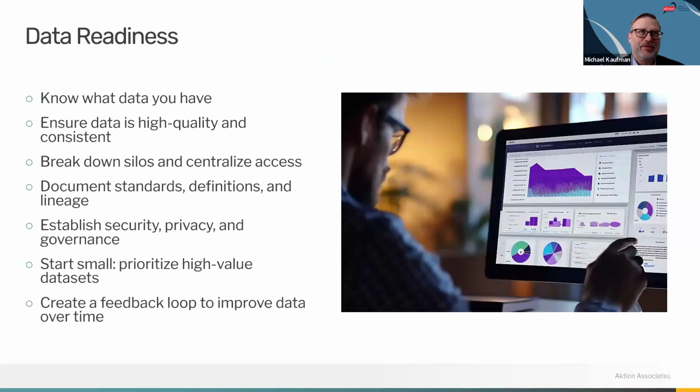So we've talked about it a number of times during the presentation today. The data is the key. And so ensuring that the data that you have within your organization is ready for AI is a big part of getting started. So a really good way to get your arms around this is to figure out where your data is, and know what it is, first of all. What data do you have that you potentially want to bring in for query, for exploration, for analysis?